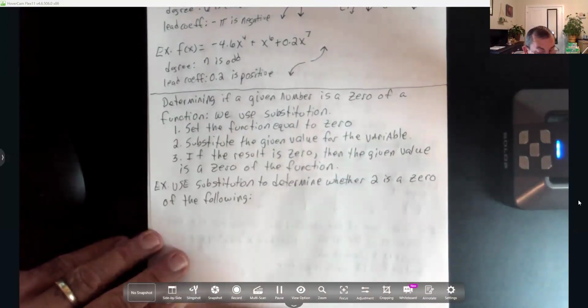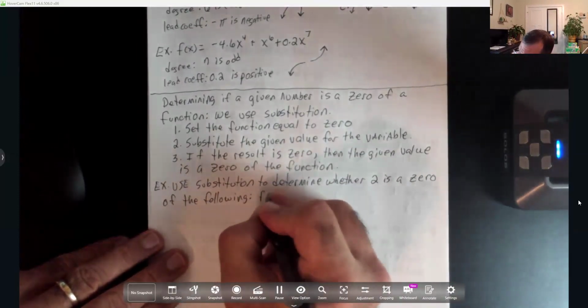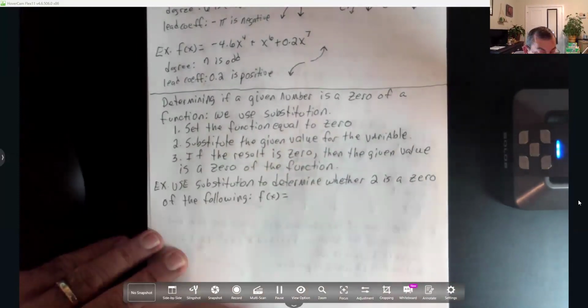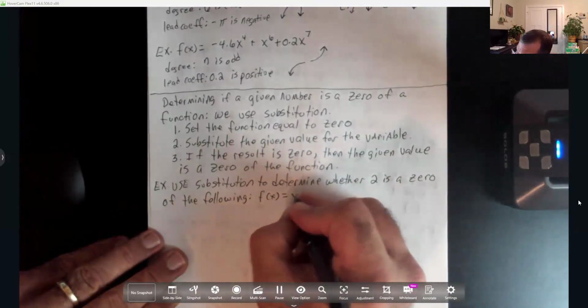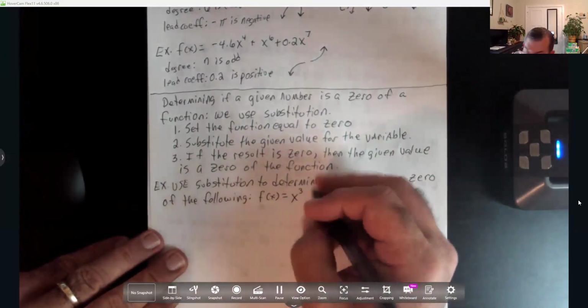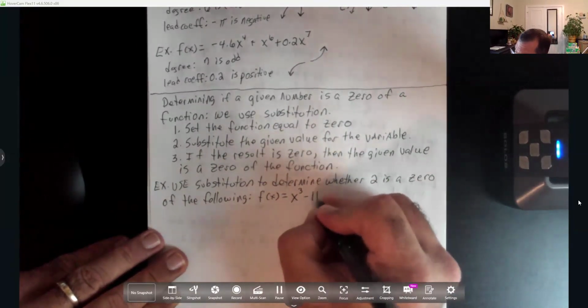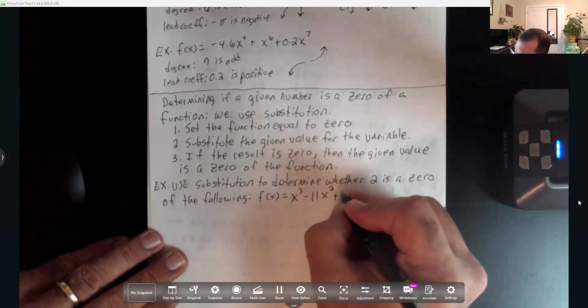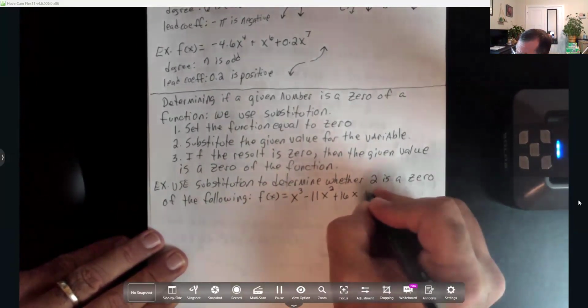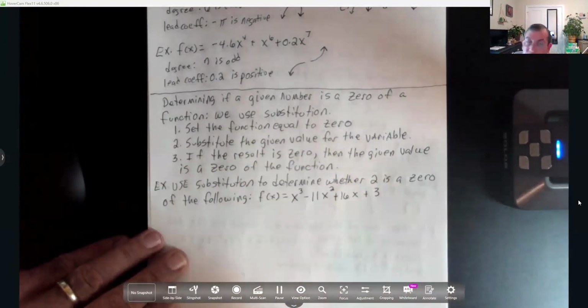All right, y'all, so my function they're giving me is f of x equals x to the third minus 11x squared plus 16x plus 3.